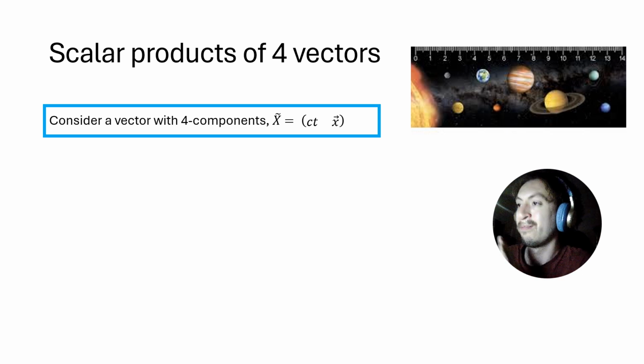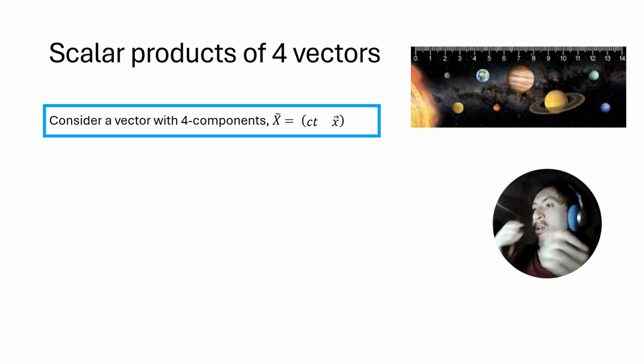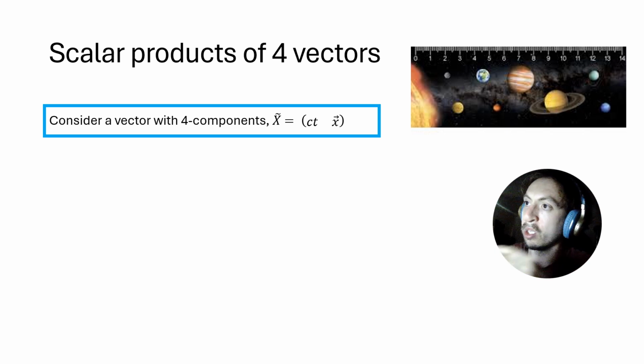From now on, when I talk about vectors linking things in space-time, I'm always going to ignore the dt and just write t, and ignore dx and just write x. So we can consider one of these vectors with 4 components being ct, x.